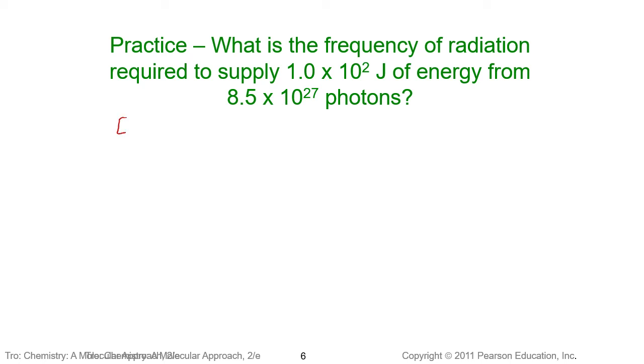So to find the energy of the photon, we are going to have to take the total energy and divide by the number of photons. This will tell us how much energy each photon has.